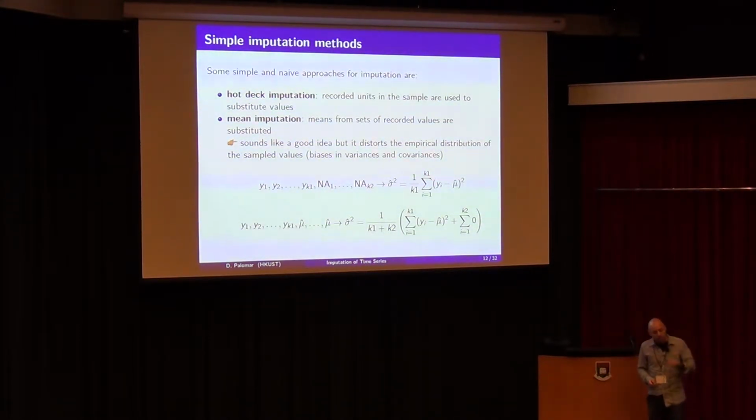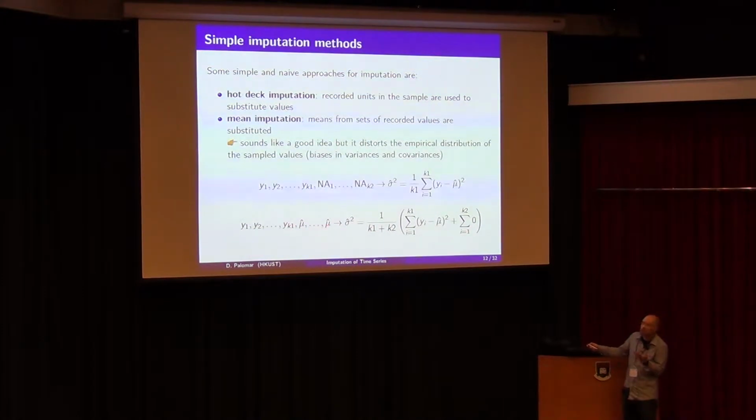Okay, good. But imagine now we impute with the mean and then we compute the variance. Where we had missing values, now I put the mean, mu. Once I impute this mean, I estimate the variance, forgetting that I imputed. Look what happens now, because I don't throw away these values.